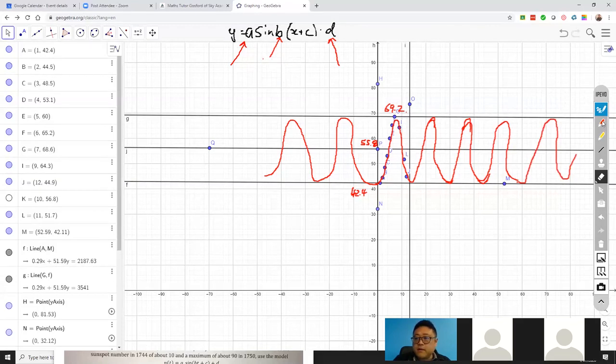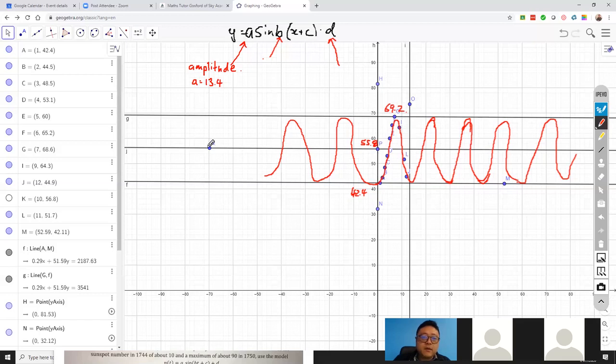So this one is your amplitude. And that's your A, right? So that's going to be 13.4. Yep. Your D is your vertical displacement. So it's how much you're moving from 0. And what's that going to be?